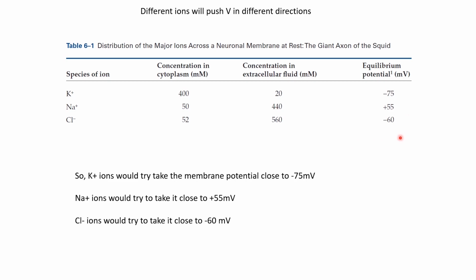And chloride ions will try to push the membrane potential towards -60 millivolts. But of course, the membrane potential is just one value. This is the voltage of the neuron, so it cannot be these three different values at the same time. Even though we have these three different factors trying to achieve different values, the membrane potential will achieve probably something in between. And exactly what that value will be, that is what we will try to understand in the next video.